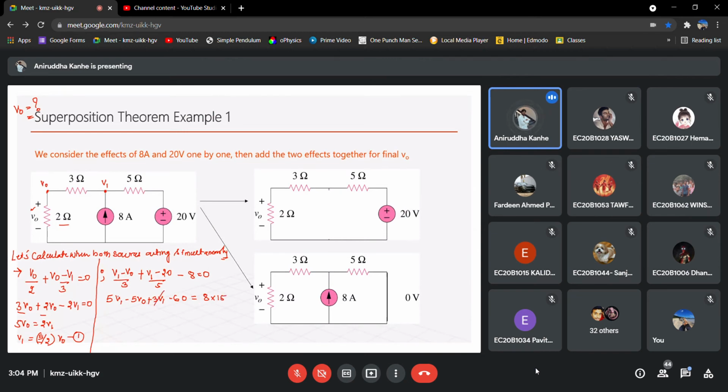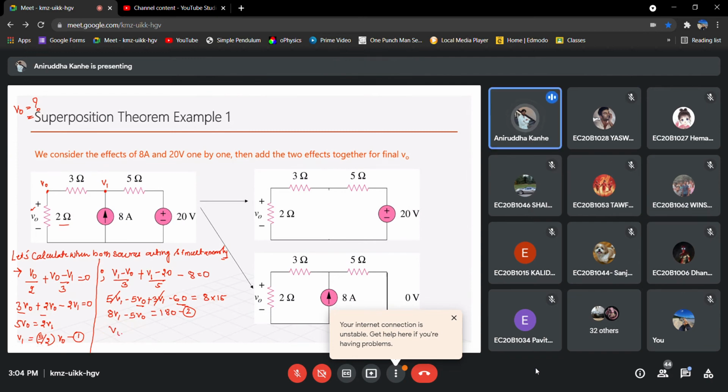And these two come together as 8V1 minus 5V0 is equal to what? What is this? 180. Yeah, 180, sir. Is it correct? Yes, sir.